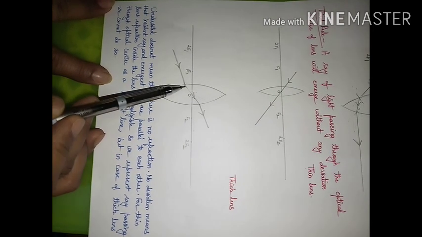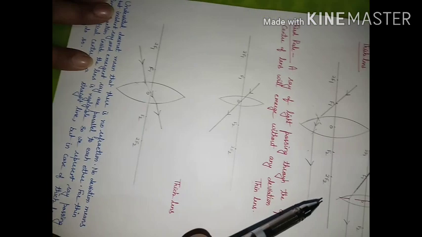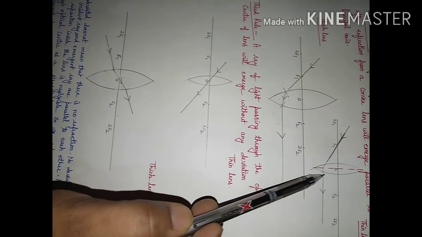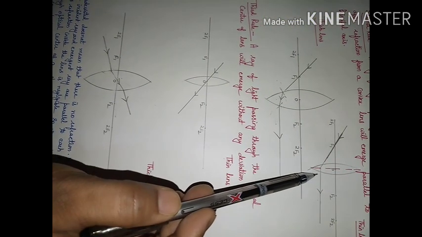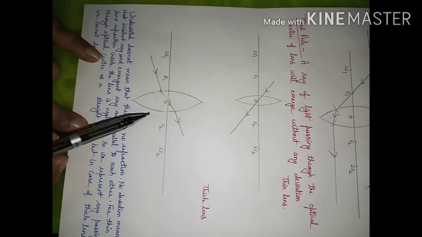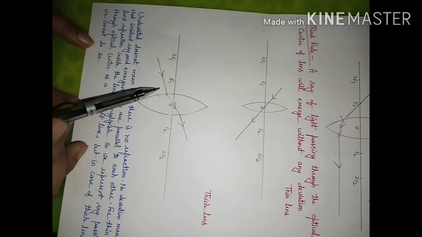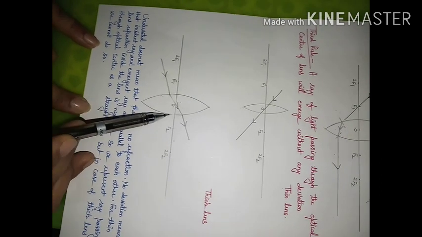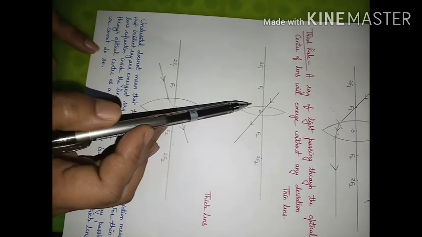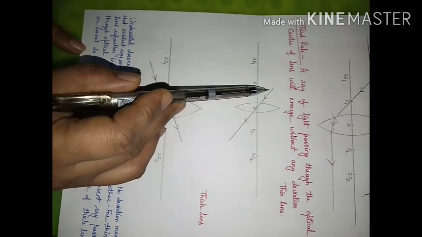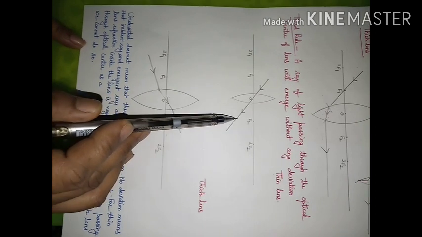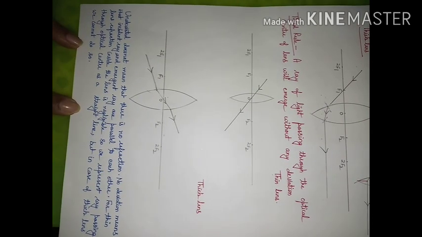So it is not going to show the path as in this case, that it changes its path by a certain angle. It is just becoming parallel to this, and this change is very small in a thin lens. So we consider that a ray of light passing through the optical center goes undeviated.